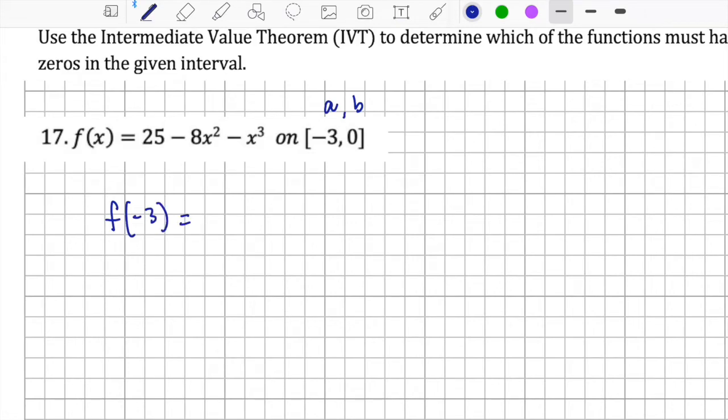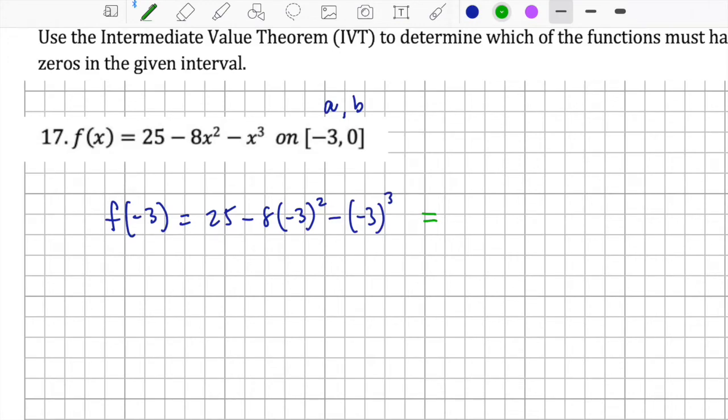What is f of negative 3? f of negative 3 is going to be 25 minus 8, and then negative 3 squared minus negative 3 cubed. And if you use a calculator, make sure you plug it in exactly how you see it there, just like I've taught you before.